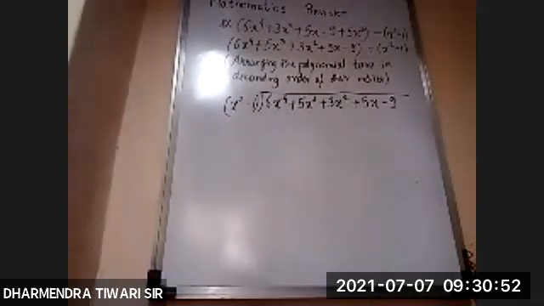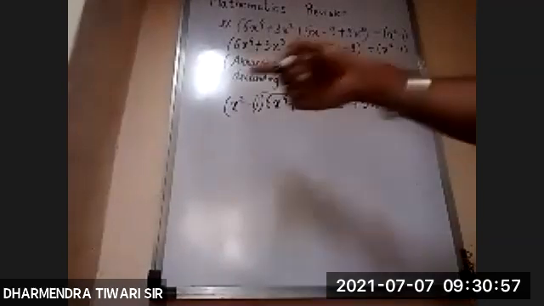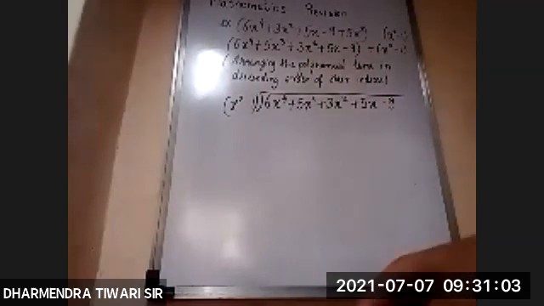What should be multiplied to x square so that we will get 6x raised to 4? Here we will show the calculation.